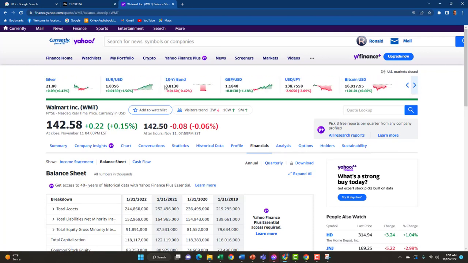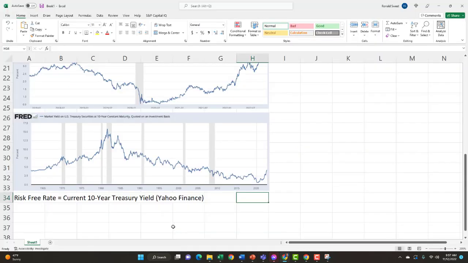See, the rates have been dropping the last couple of days when we got that good inflation report a couple of days ago. So 3.81%. You're perfectly fine to round it to some point, but I'll just use the actual number, 3.81. I'm going to highlight that in green so I know it's one of my key assumptions. So there's my one number out of the 3 I need for the first paper.